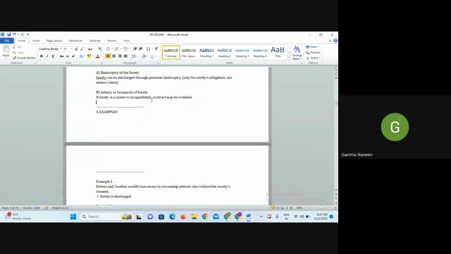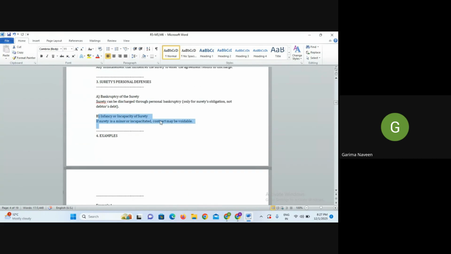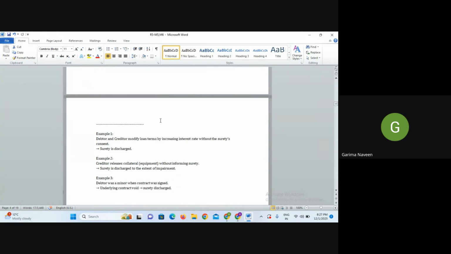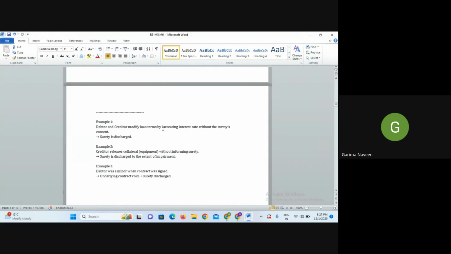Infancy or incapacity of the surety. If the surety is a person who is actually a minor or incapacitated, the contract may be voidable, so your surety can use this defense to escape from the liability. For example, the debtor and creditor modify loan terms by increasing the interest rate without the surety's consent.